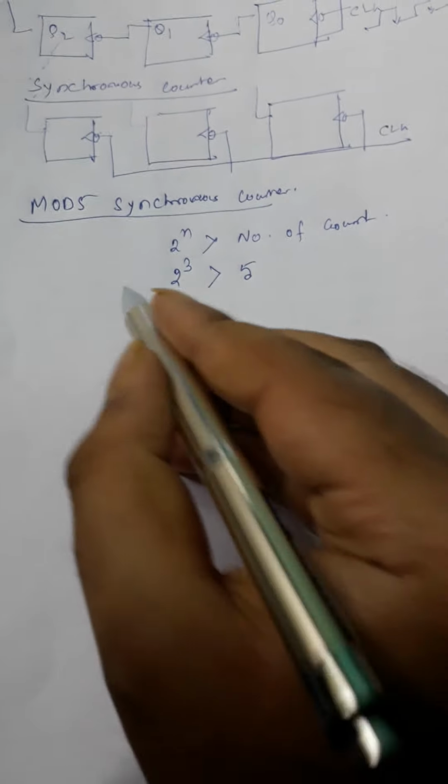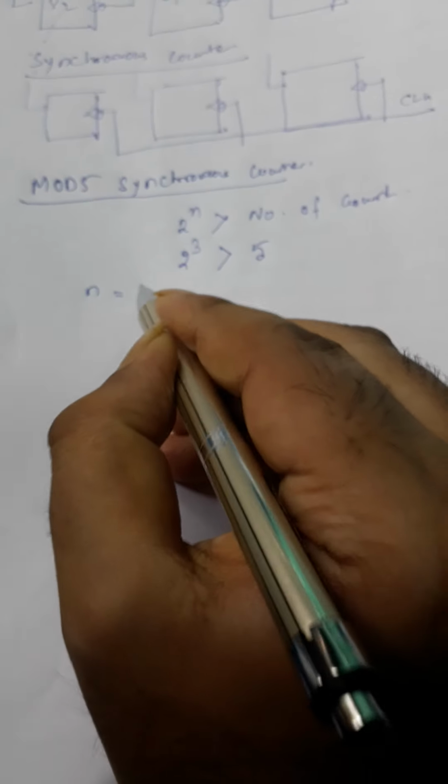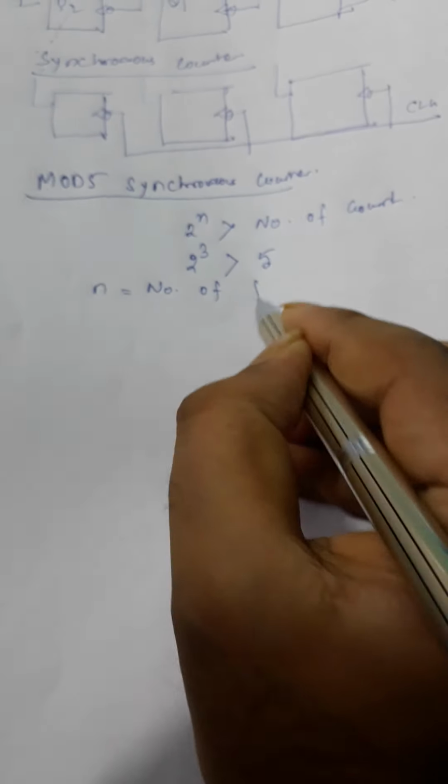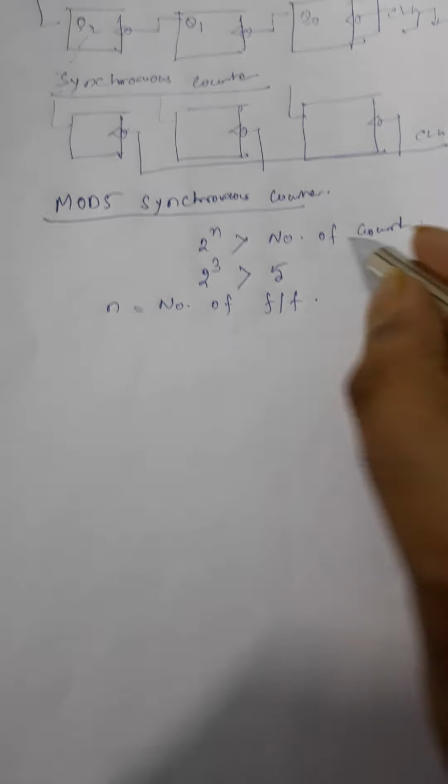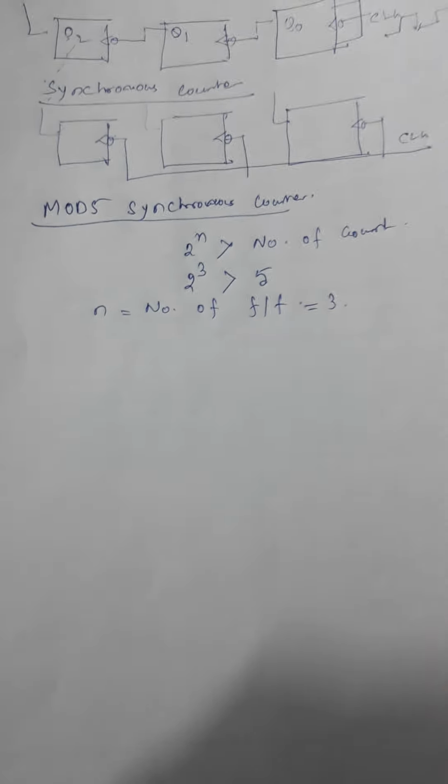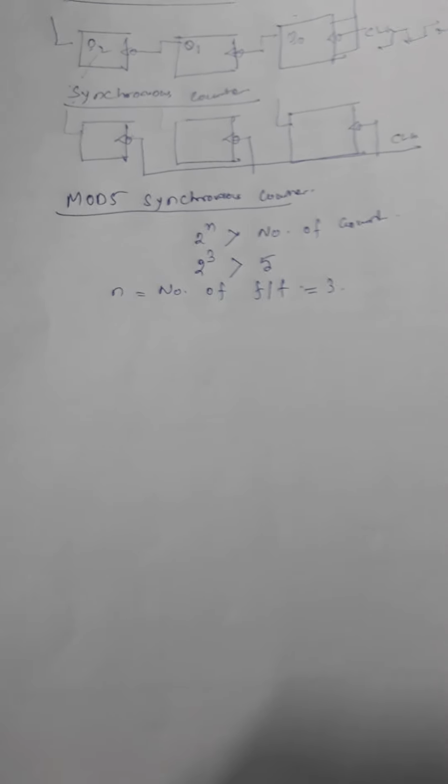N should be 3. N is the number of flip-flops, alright? So the number of flip-flops will be 3.